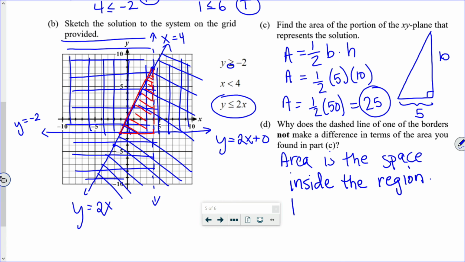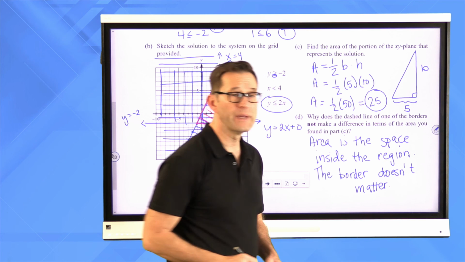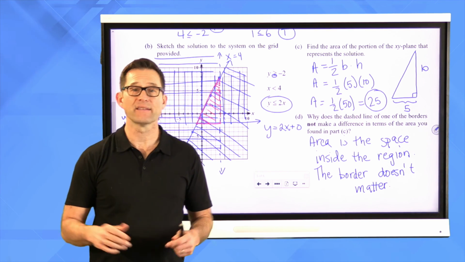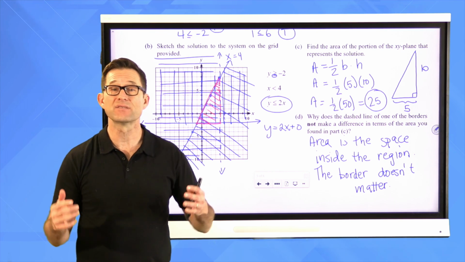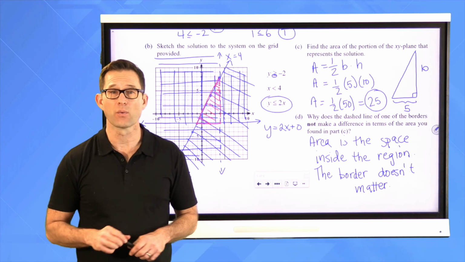The border doesn't matter. We could have had all 3 sides of the triangle actually as dashed lines, and it still would have been an area of 25 square units.